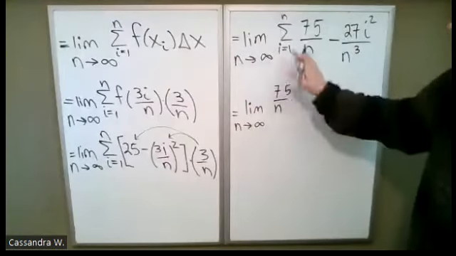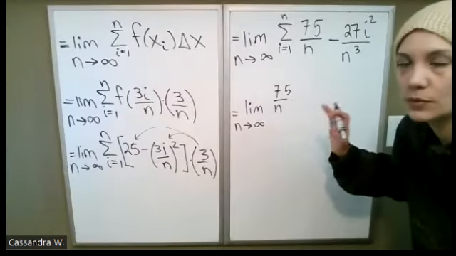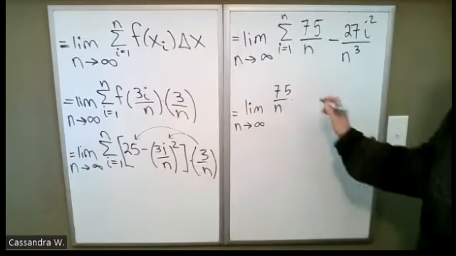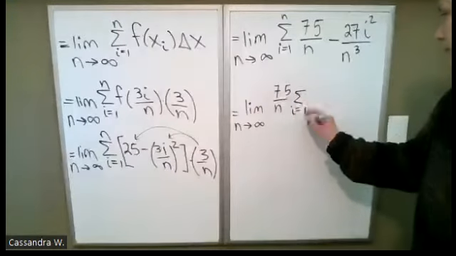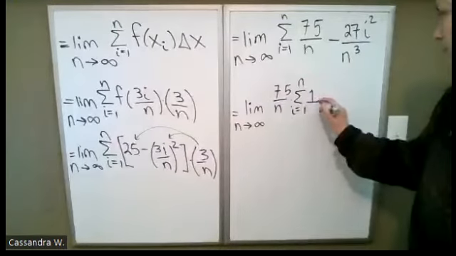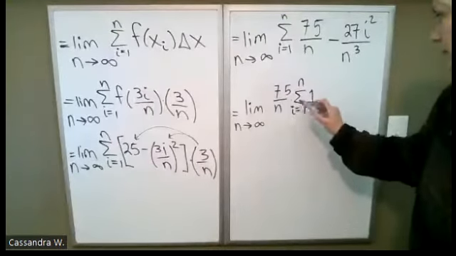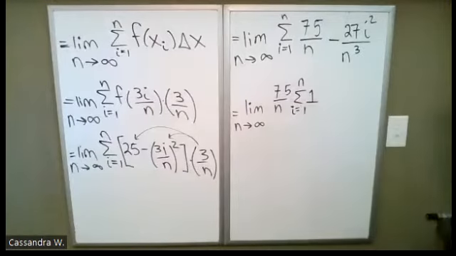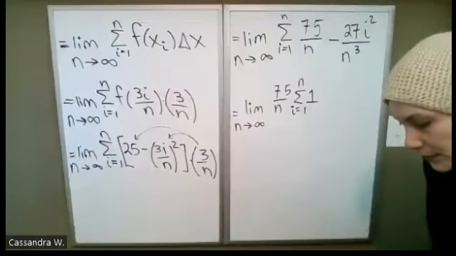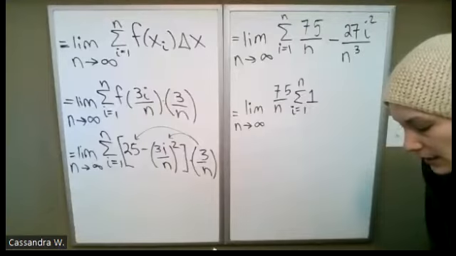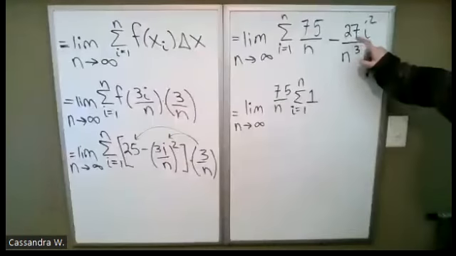So this is over here, and then multiply with the sum from i equals 1 to n of 1. Same with this.